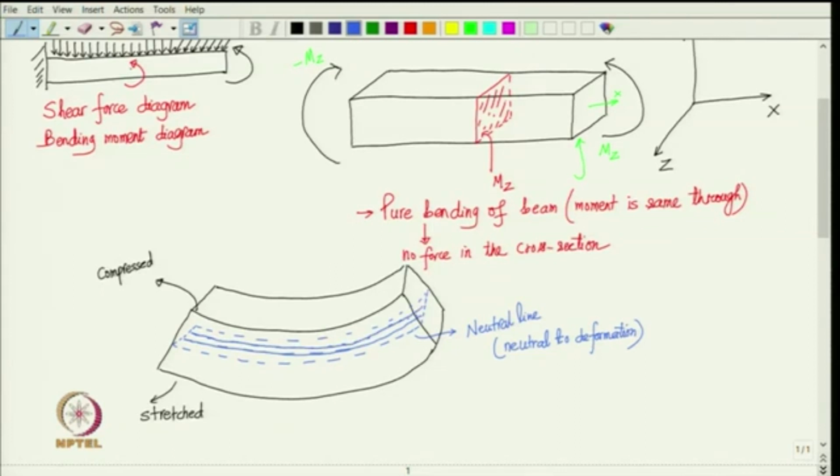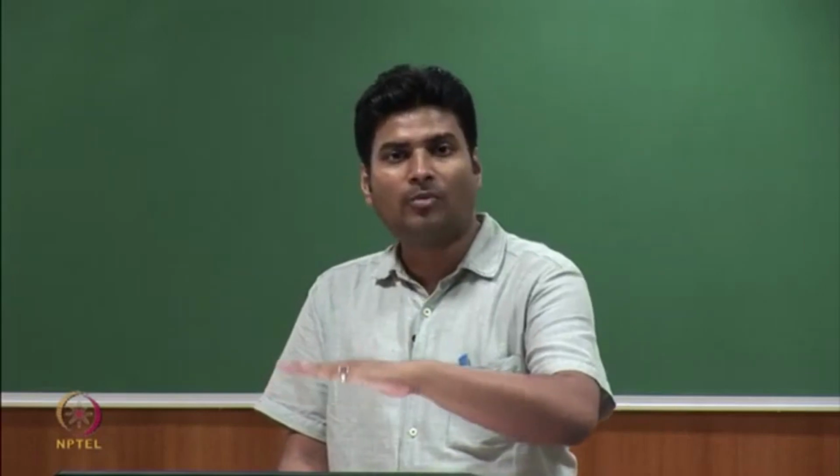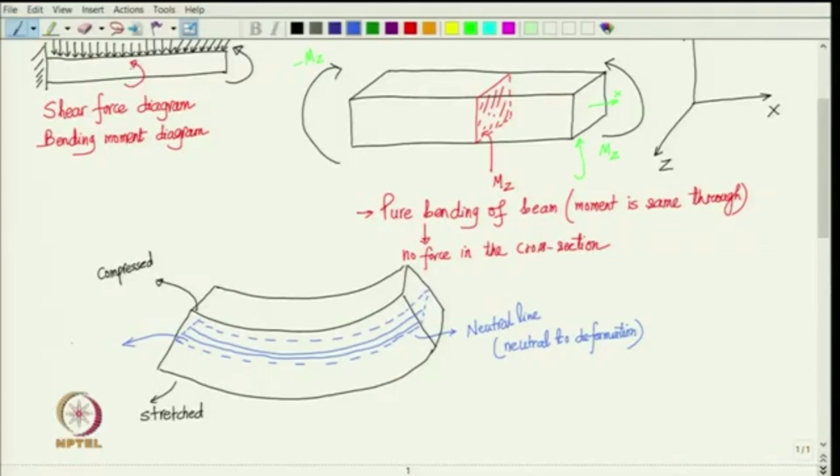Okay, so, none of these axial lines are getting stretched or compressed. So, therefore, it is the whole family of lines which form a plane, and we call it neutral plane. So, this plane is called neutral plane. Because none of the lines along the axis on this plane is getting stretched or compressed.